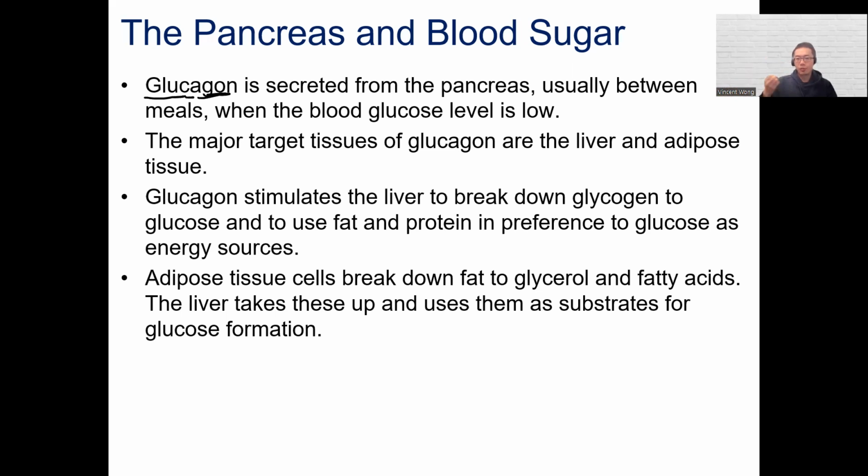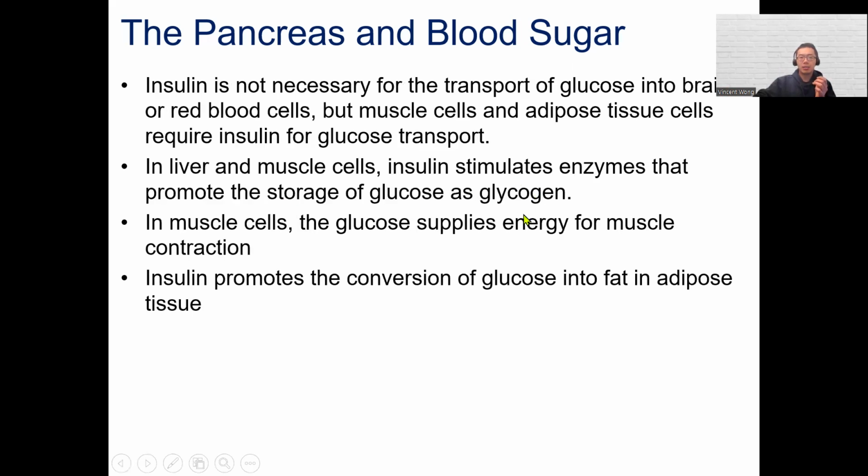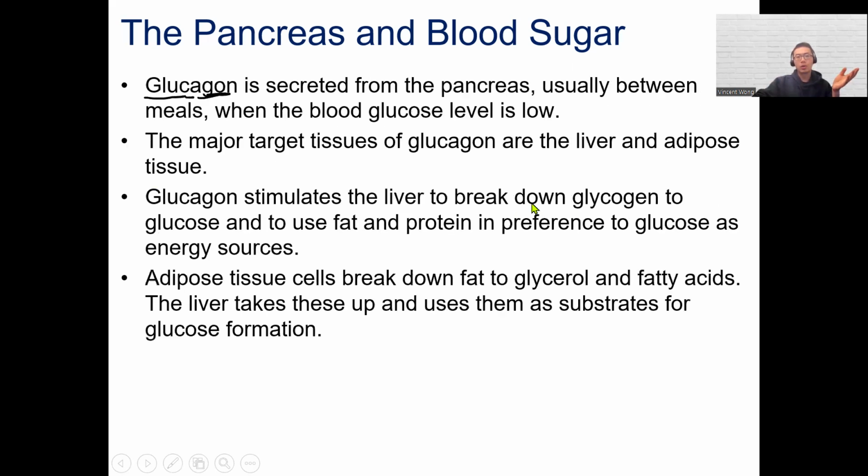It tells the liver to release some of the glucose from the glycogen. Right? Remember, the glycogen is the short-term storage. Right? So insulin causes glucose to become glycogen. Okay, glucagon causes the opposite. It takes the glycogen and then changes it back into glucose.